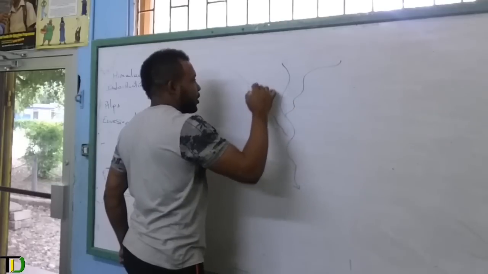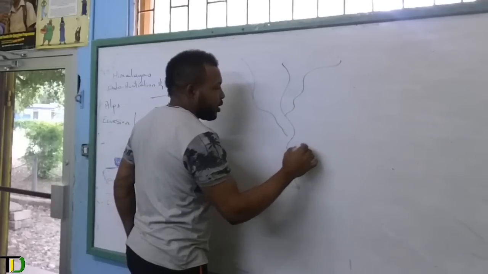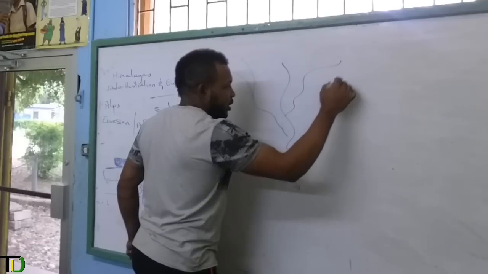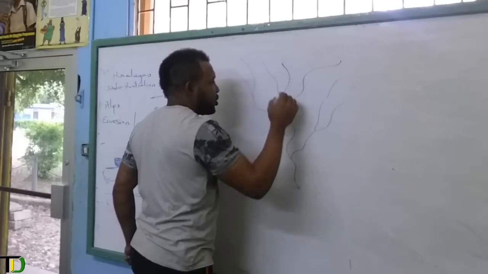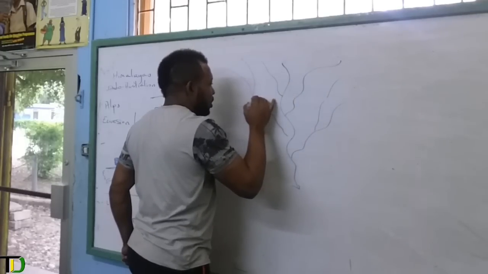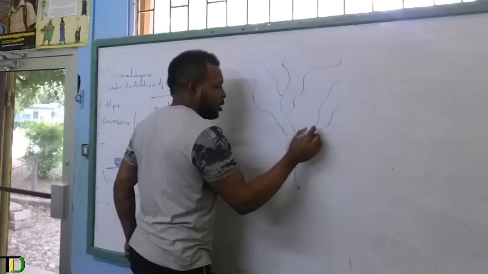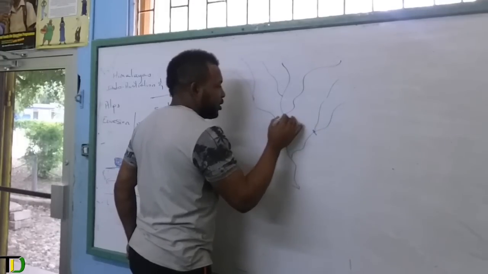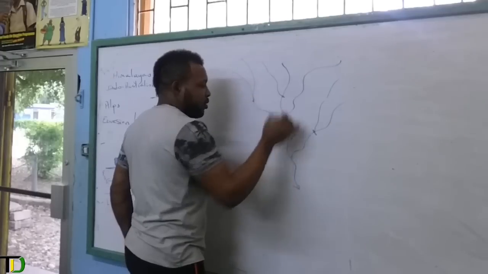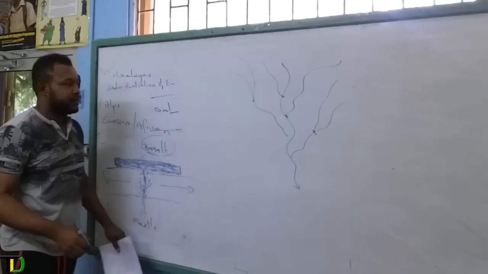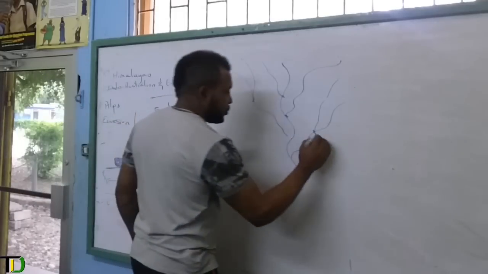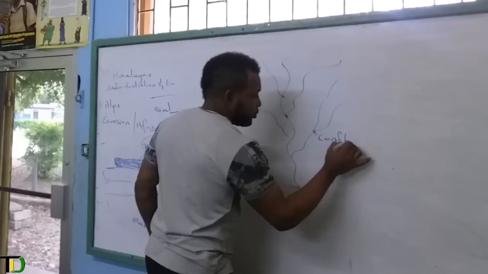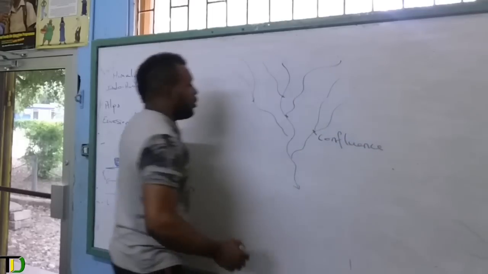See? What is the junction where one stream joins another? What do we call that junction? See one here, see one there, one there, and one there. What do we call those places? Call it a confluence.